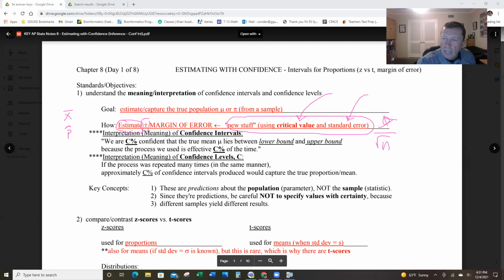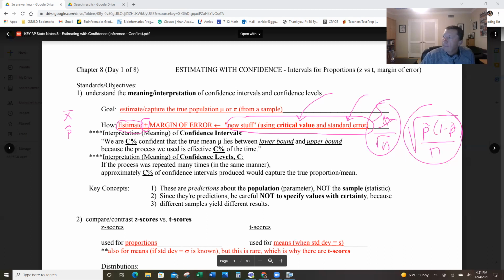Actually, it's going to be s now because we're using a sample. And then for a proportion, it's going to be p hat times 1 minus p hat, where 1 minus p hat is called q hat, over n. Okay, those two things we learned in the previous chapter. So that's going to be nothing new. The critical value is the new part. This is actually really, really simple and logical and common sense. I think you'll be able to figure this out pretty easily.